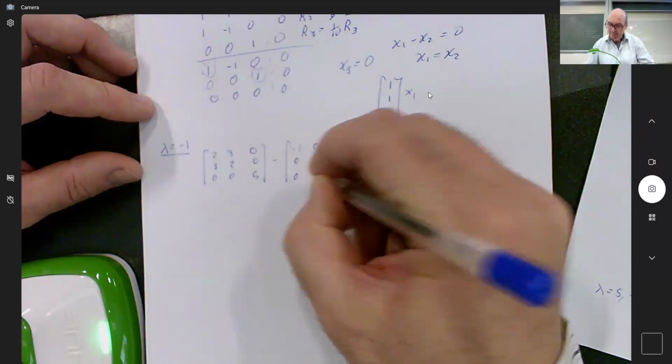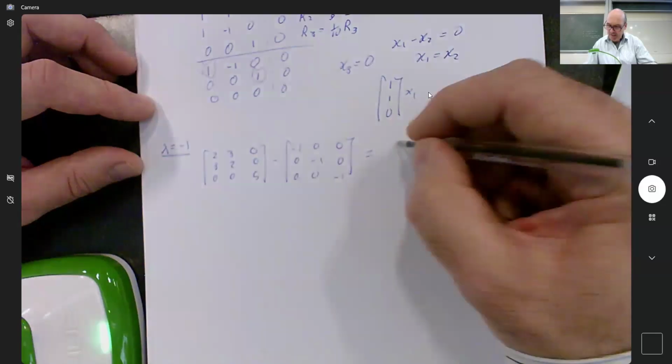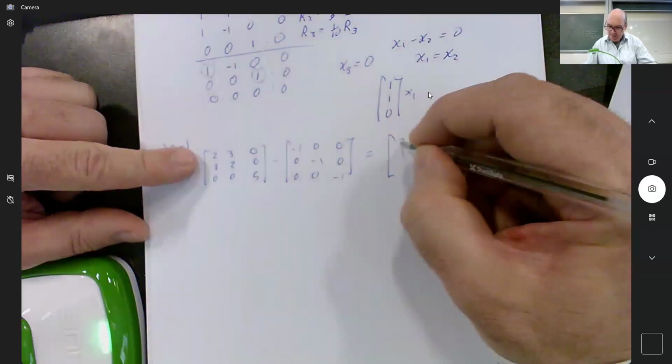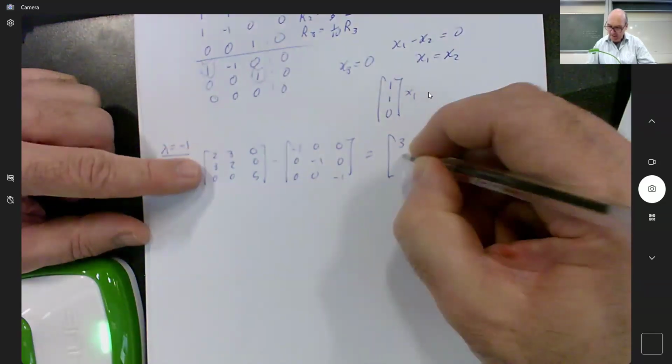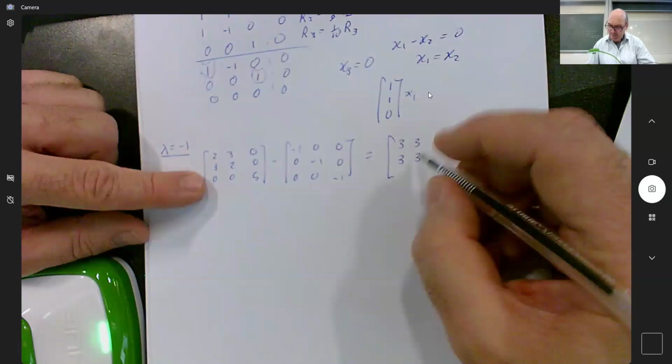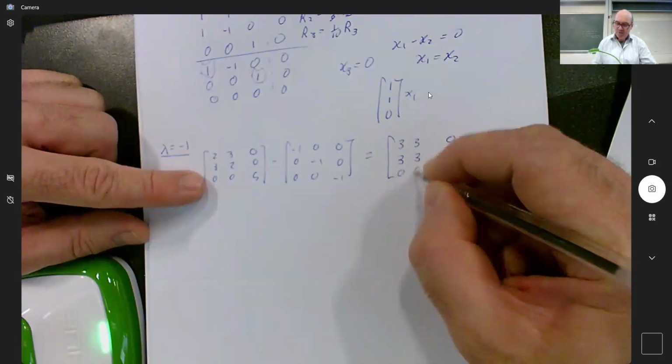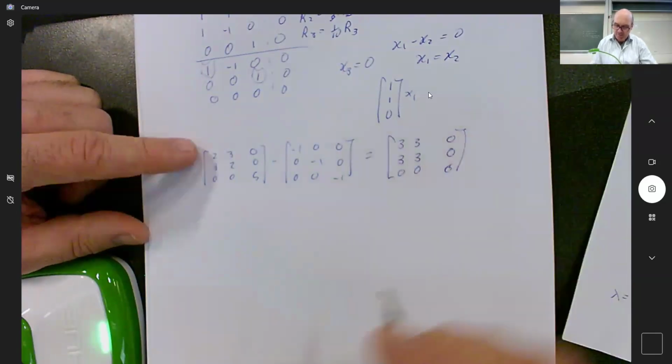That should be 3, 3, 0, 3, 3, 0, and 0, 0, and 6. Sweet. I'm not going to bother showing you the row reductions.